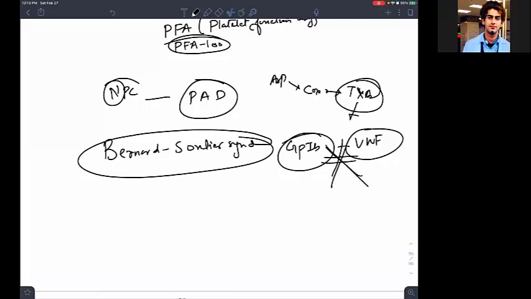My platelets will not be able to adhere to the von Willebrand factor, which has been exposed due to the endothelial injury. So in the end, in Bernard-Soulier syndrome, I will have a lifelong bleeding problem because this is a GP1B deficiency.